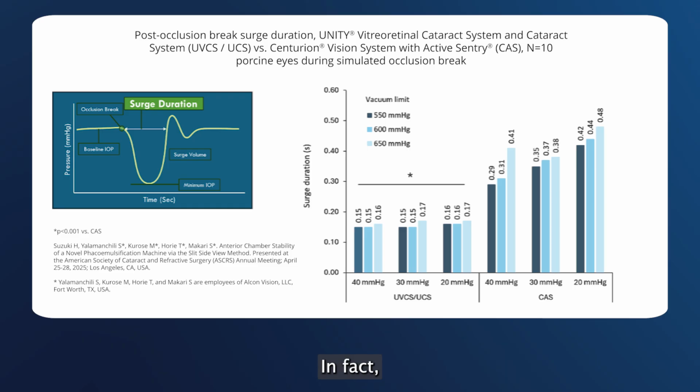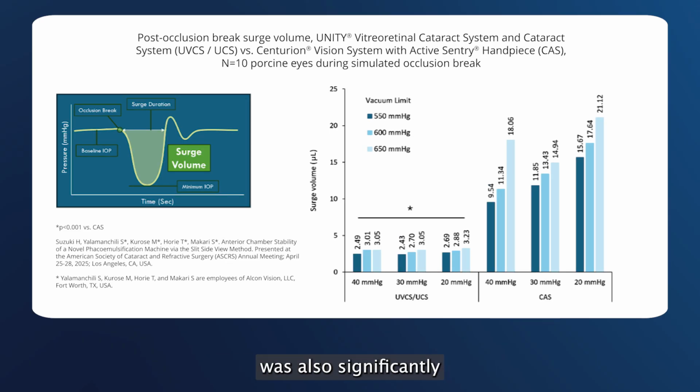In fact, for all experimental conditions, the surge duration with Unity was 0.17 seconds or less. The mean surge volume was also significantly lower with the Unity system, regardless of intraocular pressure and vacuum limit conditions.